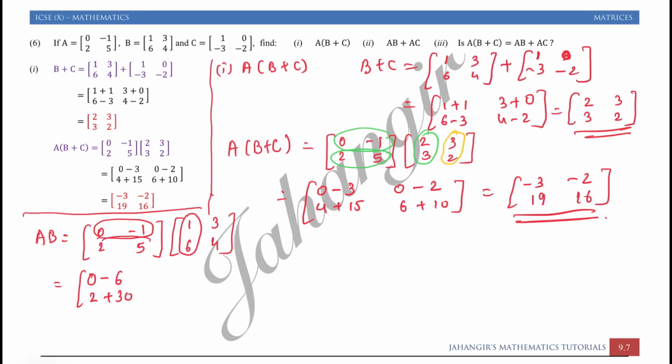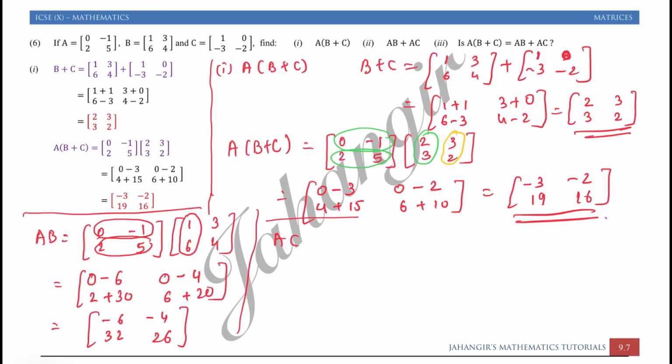Done. Now same thing we will do with second column. 0 into 3 is 0, minus 4 ones are 4, 2 threes are 6, plus 5 fours are 20. So the addition of this will become minus 6, 32, minus 4, 26. Now we will do AC. We will multiply AC. For that, I will just draw a line.